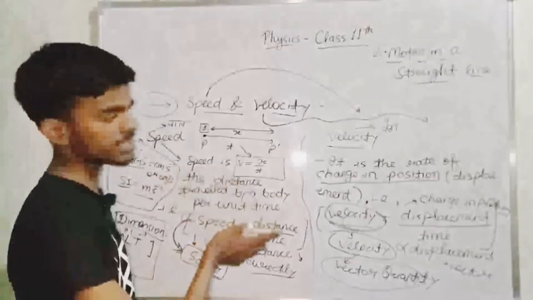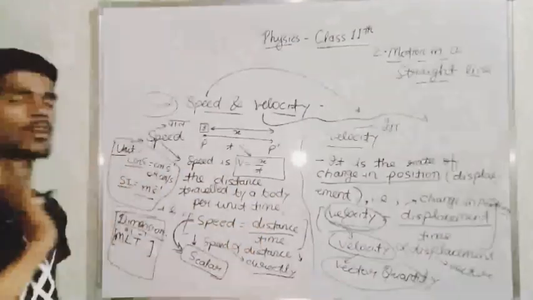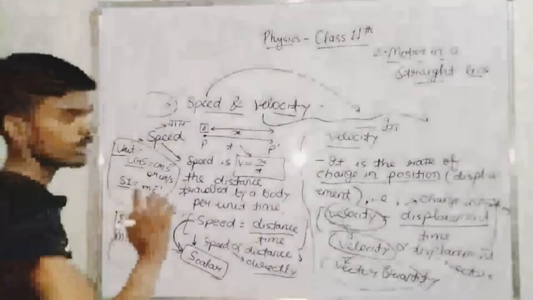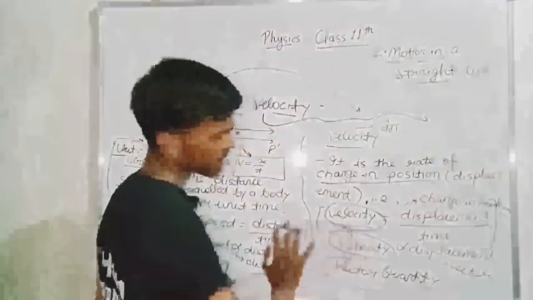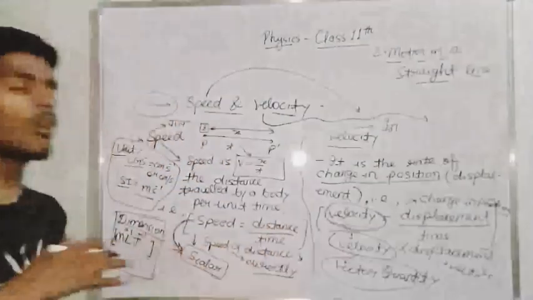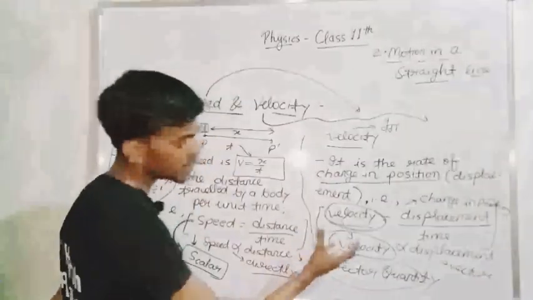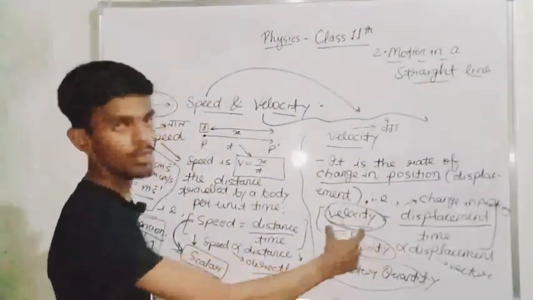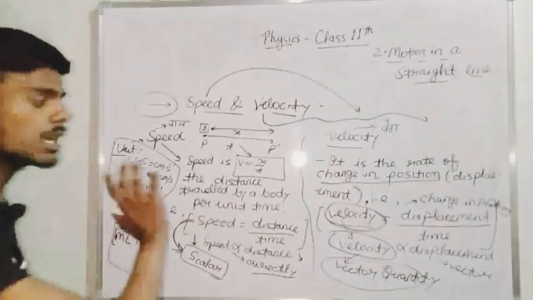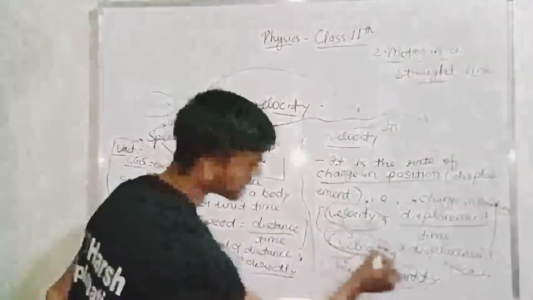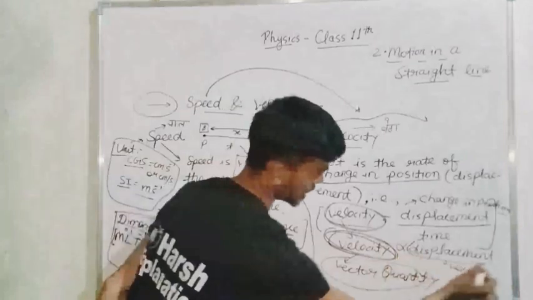So our next question is: if velocity is a vector quantity, then on which quantity does the direction of velocity depend? From this formula we can say that the direction of velocity is the same as the direction of the displacement.